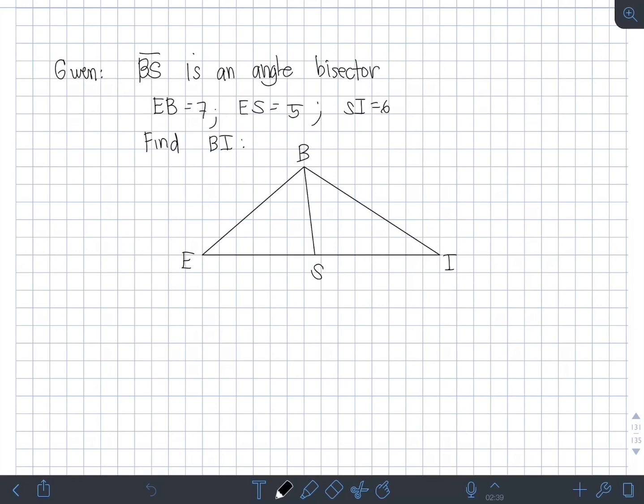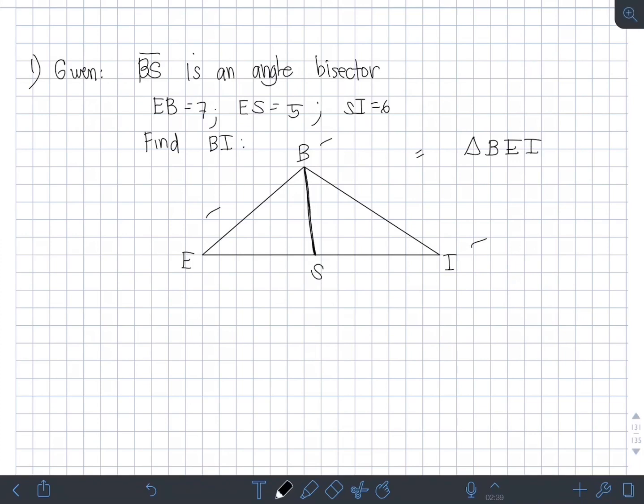Okay, so for the first problem, we have given segment BS is an angle bisector, EB is equal to 7, ES is equal to 5, and SI is equal to 6. Find BI. Okay, so meron tayong figure dito. Meron tayong triangle BEI. And then meron tayong angle bisector BS.